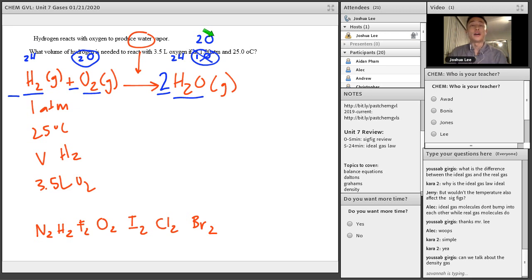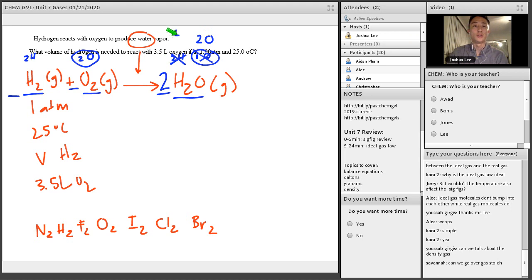But at this point, I've also changed the number of hydrogens. Instead of 2, there's 4 hydrogens. And if there's 4 hydrogens, I have to make this 4. The only way to make this 4 hydrogens would be to put 2 in front of there. Then once you think you've balanced everything, you can check. I have 4 hydrogens here, 4 hydrogens here, check. 2 oxygens, 2 oxygens, check. So then everything is balanced.